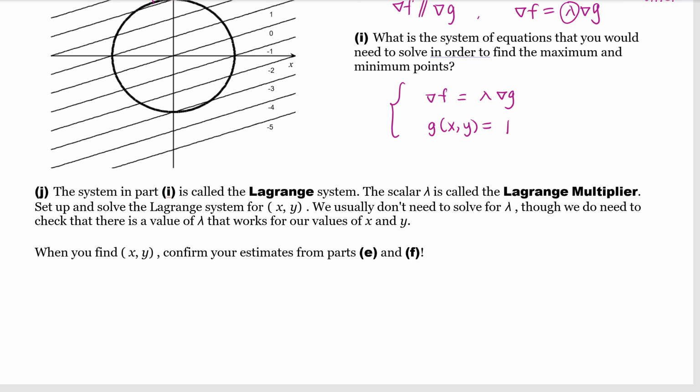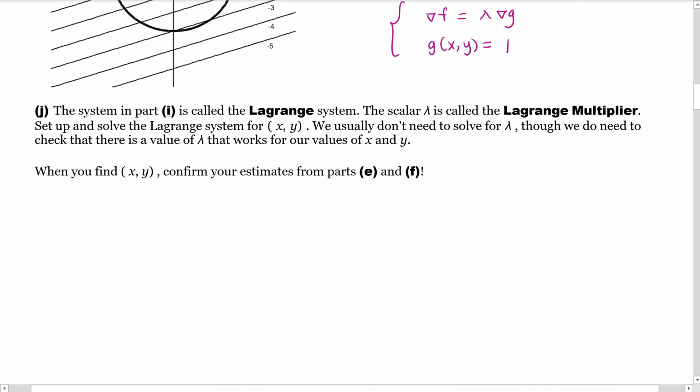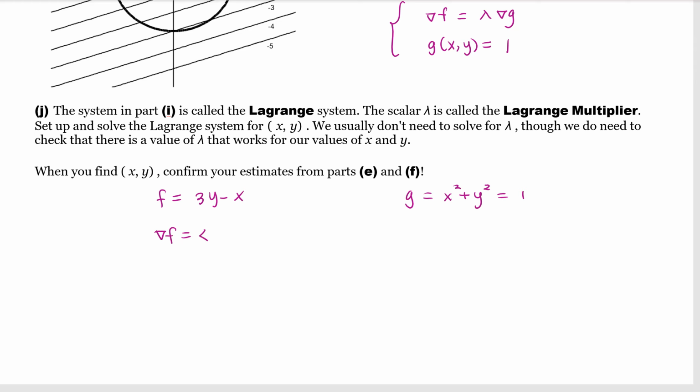Okay, let's see. So f equals 3y minus x, and g equals x squared plus y squared, equal to 1 is the constraint, right? And so what is the gradient of f? Derivative with respect to x is minus 1.